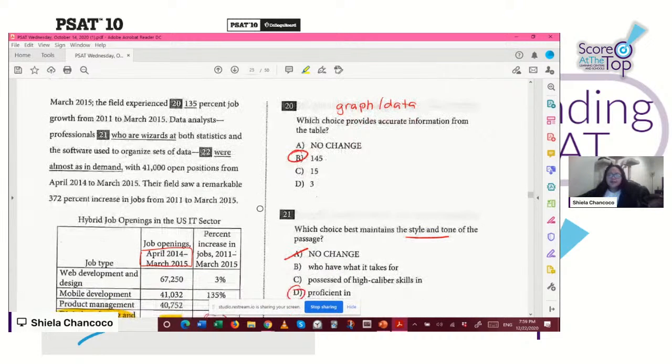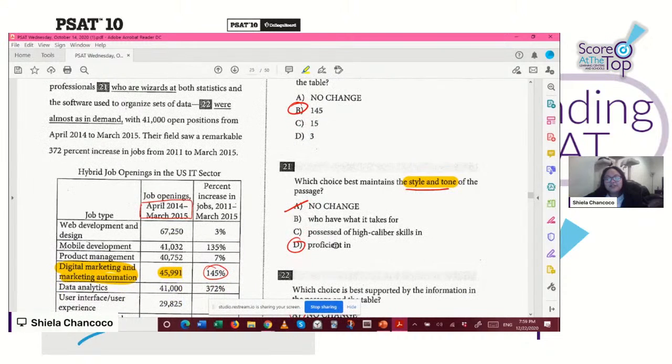Right. 21. We're almost done here. Second to the last question. Data analysts, professionals who are wizards. I found this really funny and I was like, it's not it. It doesn't get to the style and tone of the passage, right? Also, one thing I want to mention: I always read the question before I go to the passage, because it gives you some inkling of what they are looking for.